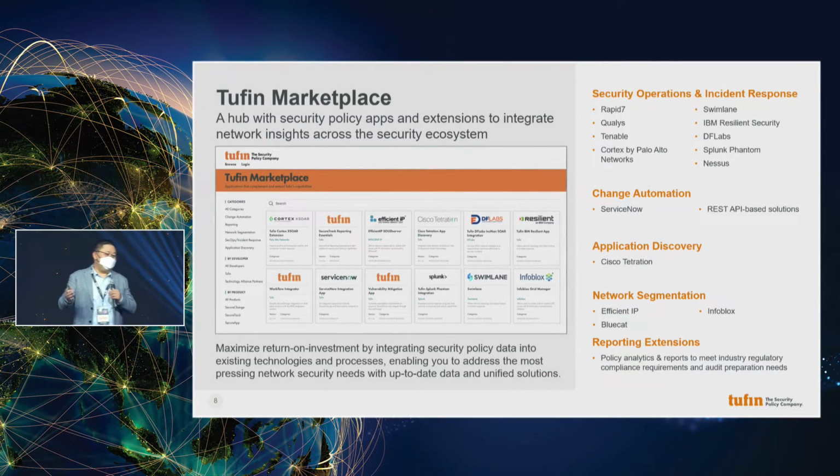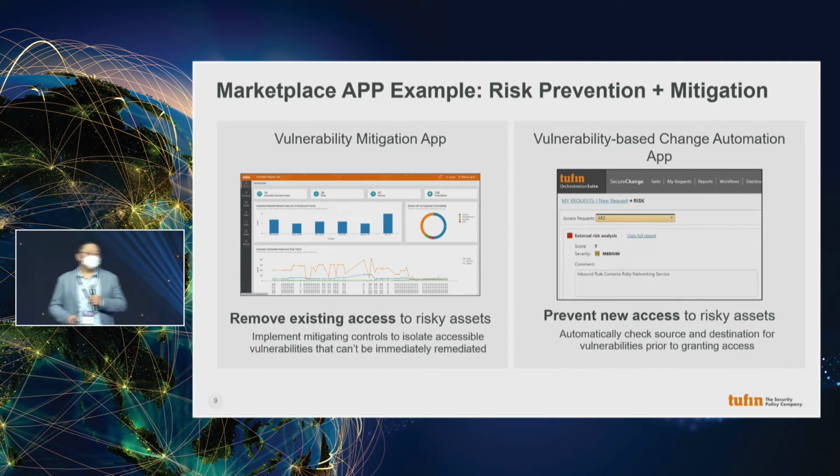It can be integrated with ITSM, it can be integrated with SOAR, change automation solutions, application discovery solutions, and network segmentation solutions. So I'm going to give one example of our marketplace app integrating with a vulnerability assessment solution, and how we can actually do change automation with that. All right.